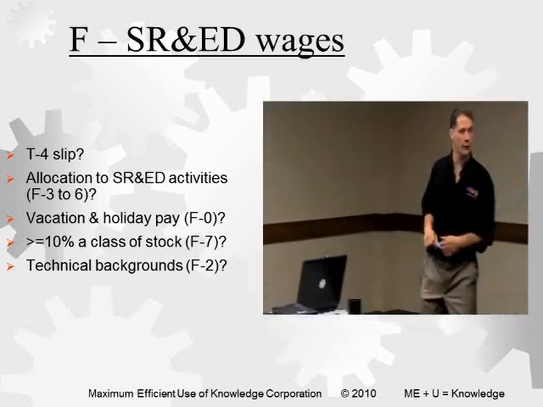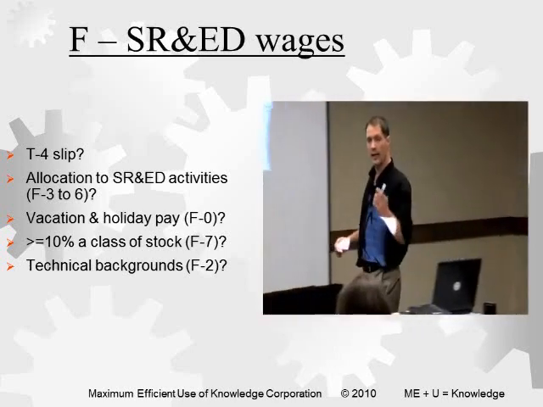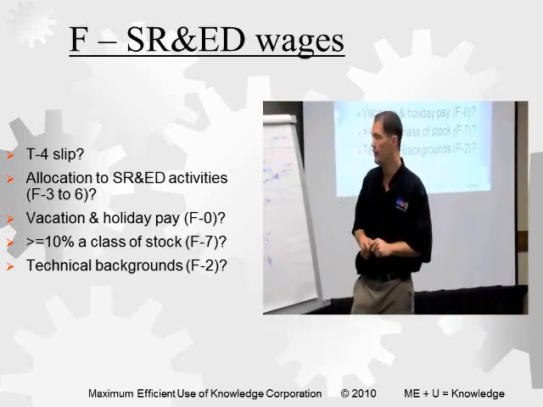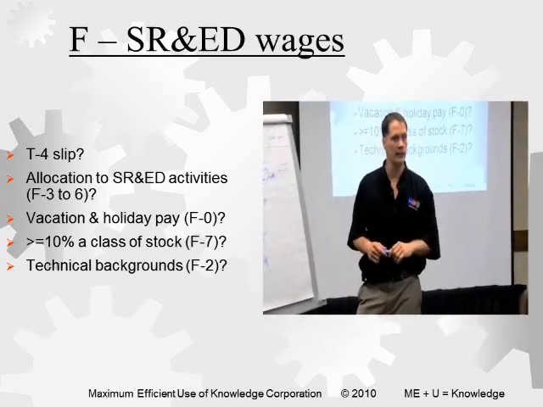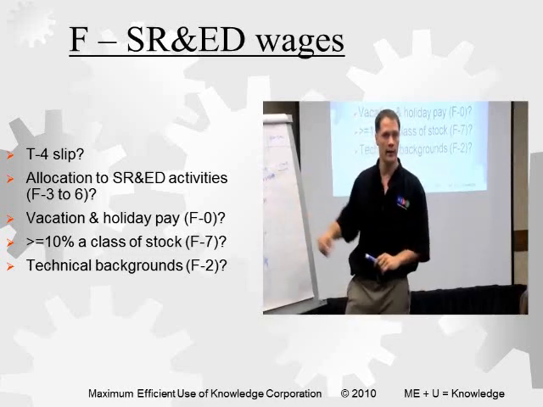The first $230,000 that I pay to a specified employee, I can claim for SR&ED purposes. If I pay that employee $500,000, and I think it's all SR&ED, I can still claim the $500,000 of expenses and deduct it as an expense, but it's only the first $230,000 that I get credits on.